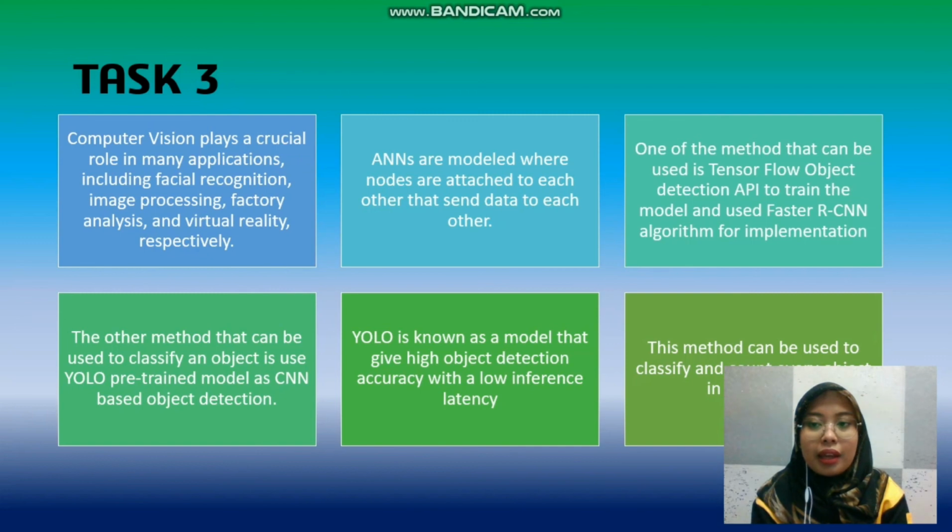One of the methods that can be used is the TensorFlow Object Detection API to train the model and use the Faster RCNN algorithm for implementation. This method is used to detect and classify an object or many objects in an image. The detection score is between 0 and 1.